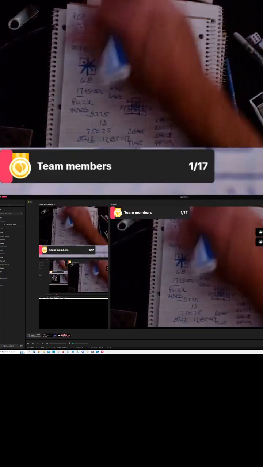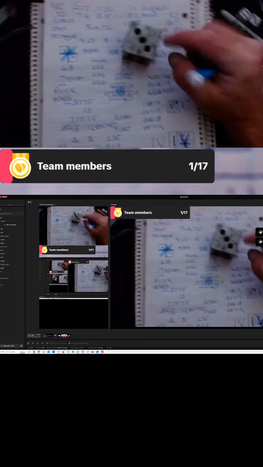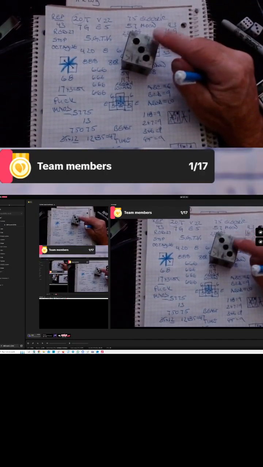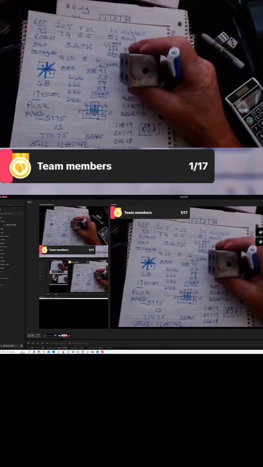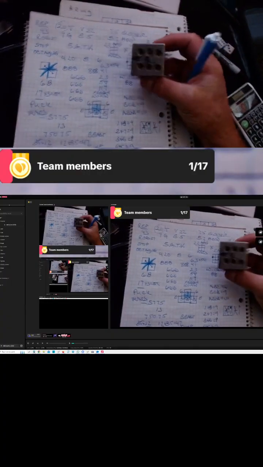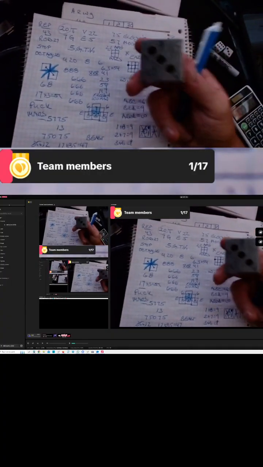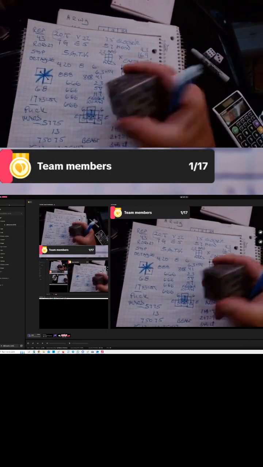That 117 is equivalent to this cube. Does anybody know why? It's equivalent to this cube because this entire cube is 711.